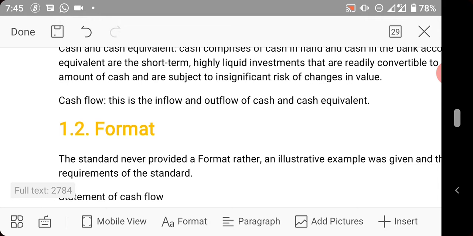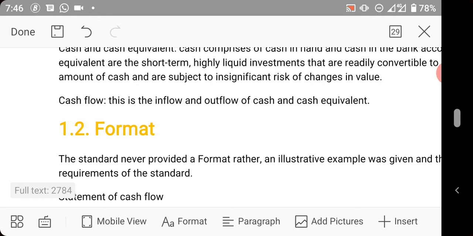Then it also includes the money in bank accounts. Cash equivalents are short-term marketable securities that are easily convertible to a known amount of cash and are subject to an insignificant risk. Examples of cash and cash equivalents are treasury bills, treasury bonds, and treasury certificates.